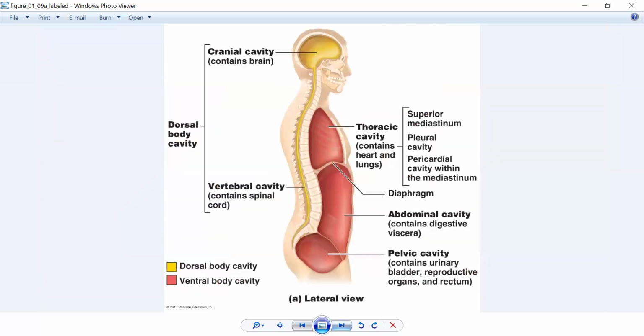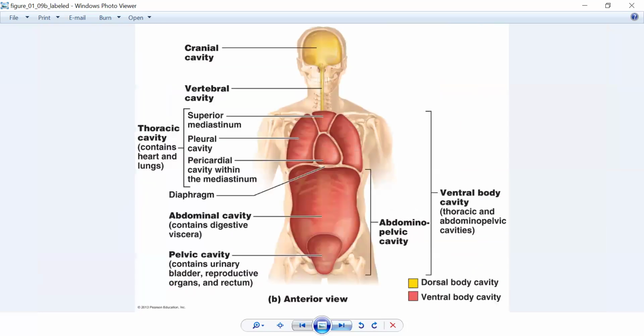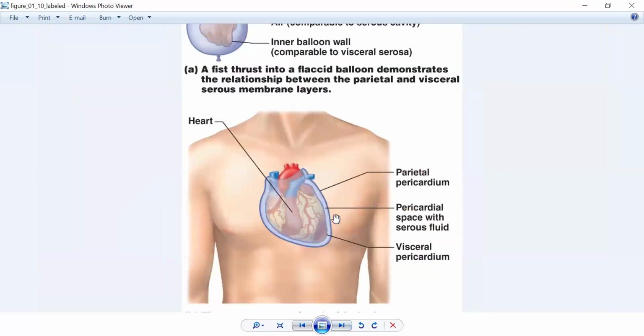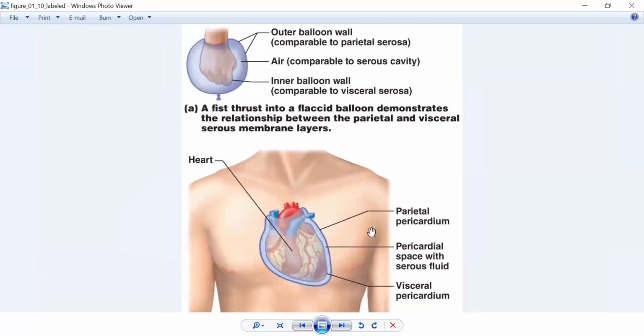And this is a side view here of those cavities we just saw. This is the anterior or front view. Okay, your organs, when they're in the cavities, are not just floating around on their own. They have membranes that surround them that hold them in place. It's one of their functions.